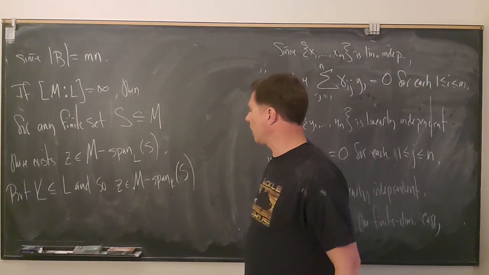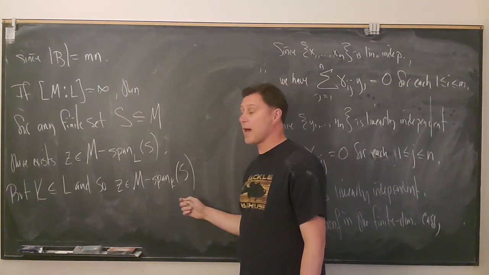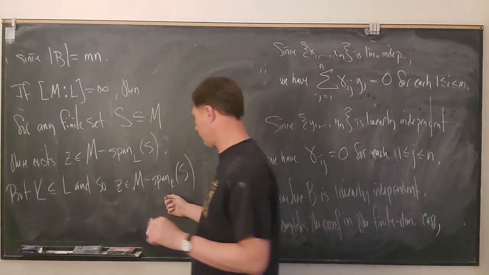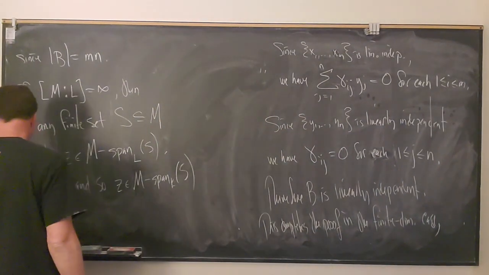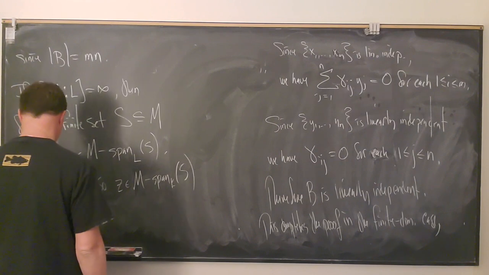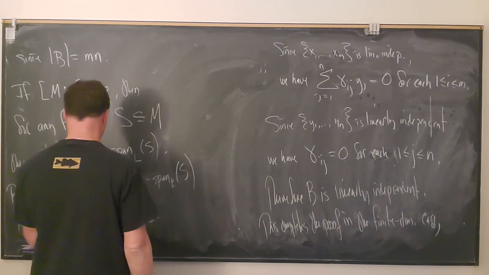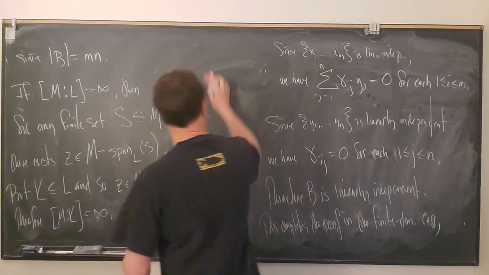And so what does that tell us? It tells us that M does not have a finite spanning set with respect to K. So therefore, the degree of M over K is equal to infinity.